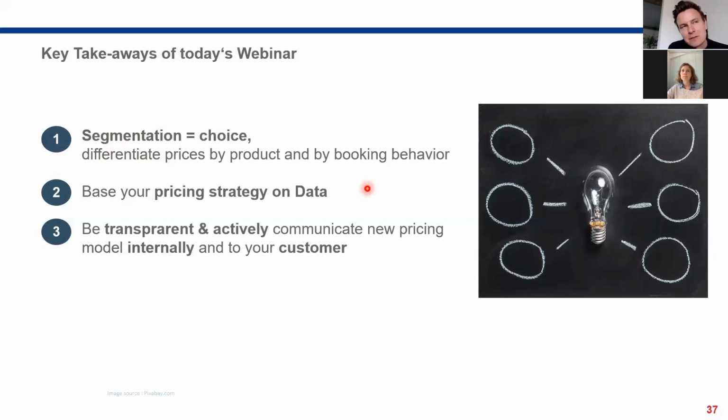For example, if you check out the Chocoversum homepage of Steffi, she starts first of all with selecting different products. There's an English guided tour, so there are different products that you can offer to your customer. So differentiate your prices by product and by booking behavior. Incentivize online, incentivize pre-booking. This is something you definitely should consider right away in the next session that you have internally with your sales and marketing team.